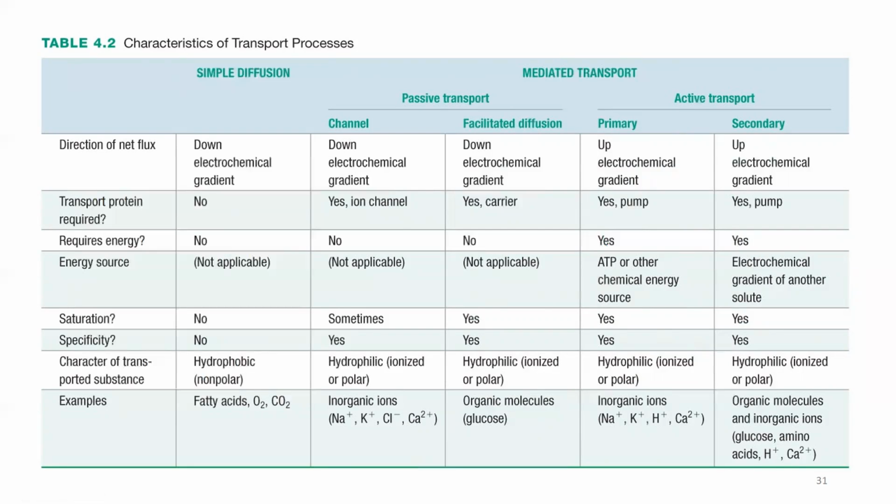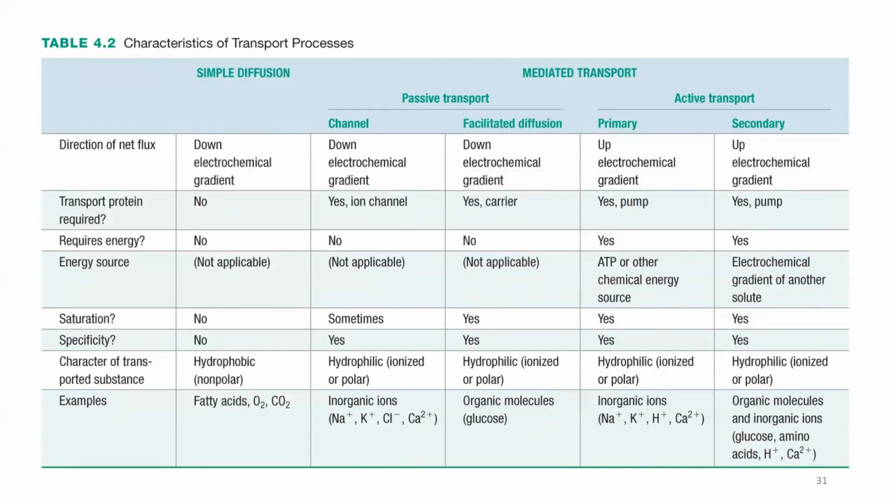Okay, I advise you to clear out the boxes of this table and try to recreate it on your own, not from your memory, but from your understanding of differentiating these different types of transport. For example, we know that passive transport always moves down the electrochemical gradient, whereas active transport always moves up the electrochemical gradient.